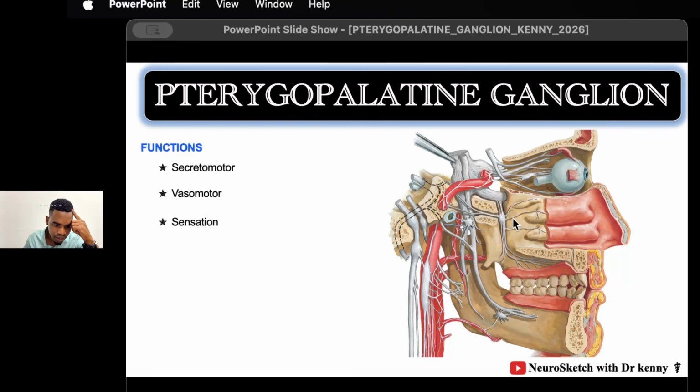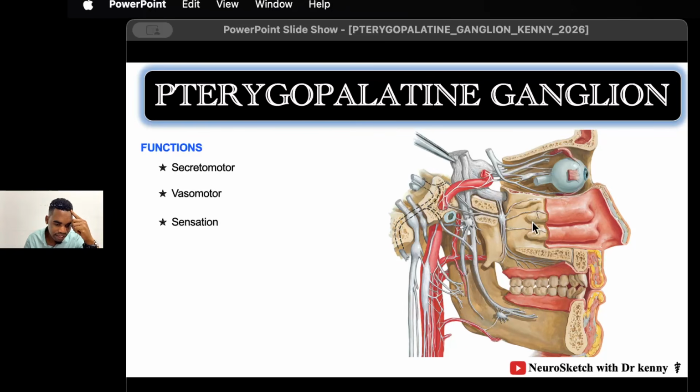So this is your pterygopalatine ganglion, and the main output from this ganglion is motor, GVE, general visceral efferent, with two components: secretomotor to glands and vasomotor to the smooth muscles of the blood vessels of these glands. We also have sensation, but as I told you, sensation is not the functional component of this ganglion. They are connected; this is where these nerves are suspended.